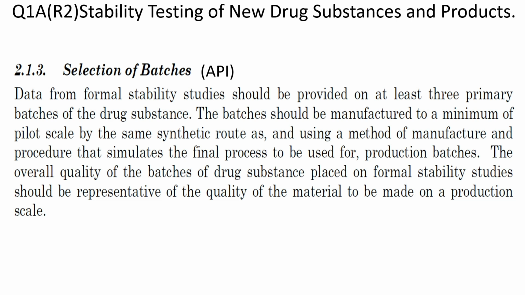The overall quality of the batches of drug substance placed on formal stability studies should be representative of the quality of the material to be made on a production scale. So for any stability study you are doing on the initial batches, the same manufacturing process and the same container closure system has to be used when you are marketing this product.